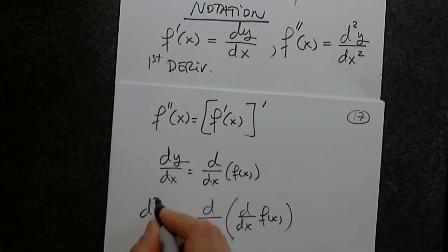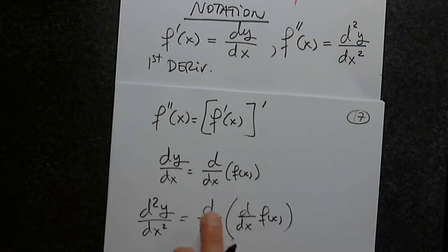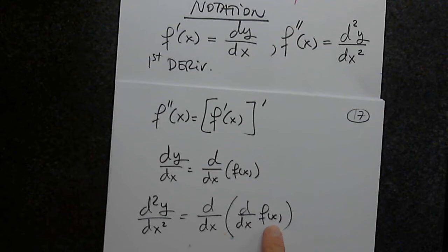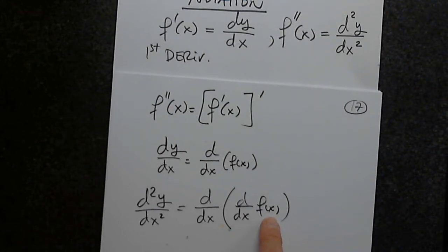And it changes into d2y over dx2. So the derivative with respect to x of the derivative with respect to x. You can also write y here. So d over dx of dy over dx is the second derivative of y with respect to x.